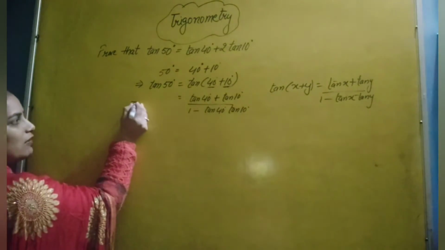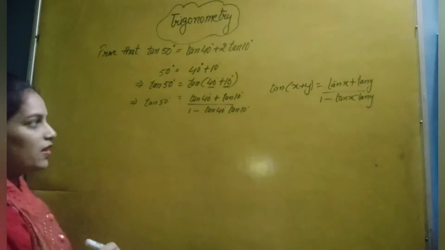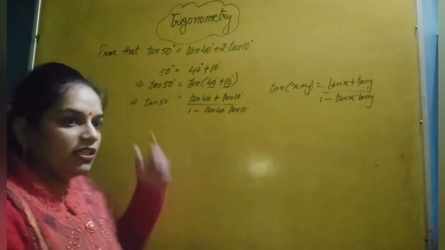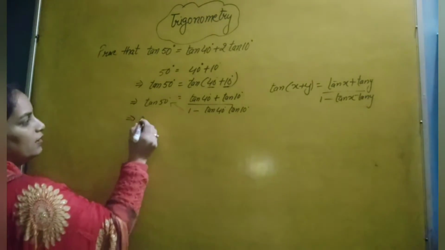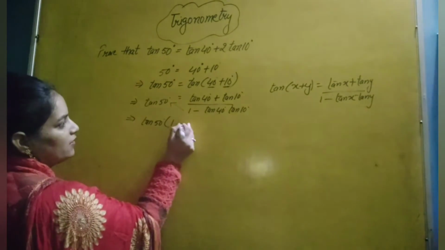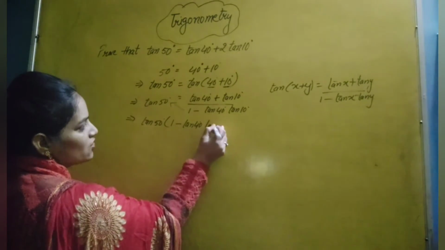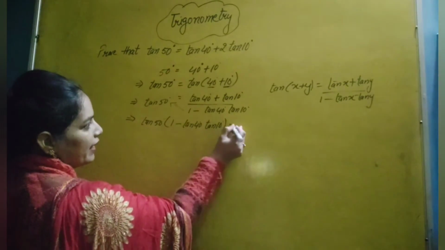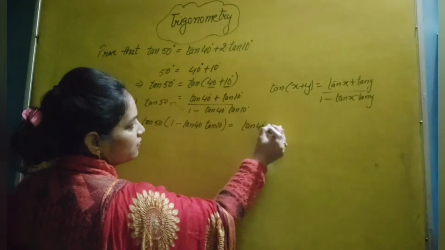The left hand side will be same, that is tangent 50 degree. In the next step, I will take the denominator to the left hand side, so it will multiply with tangent 50: tangent 50 within the bracket (1 minus tangent 40 tangent 10), and the right hand side is same as tangent 40 plus tangent 10.